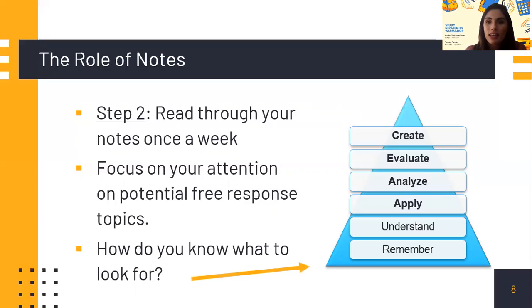That's really where Bloom's taxonomy, or the pyramid that we see on the right-hand side, comes into play again. We've got all these objective words. We know that the question is going to ask us about one of these things.